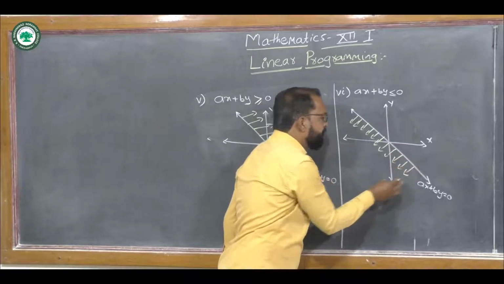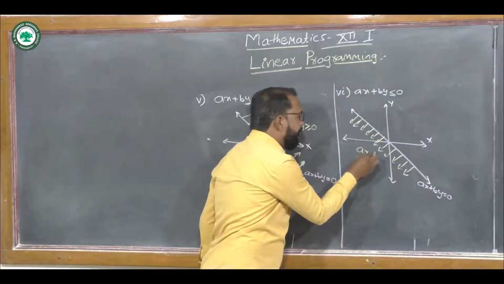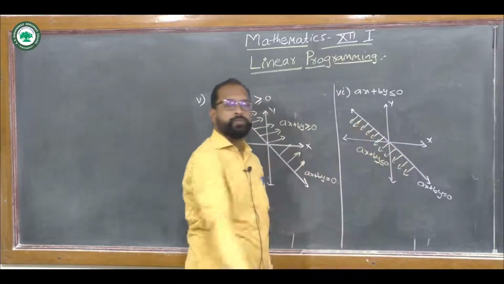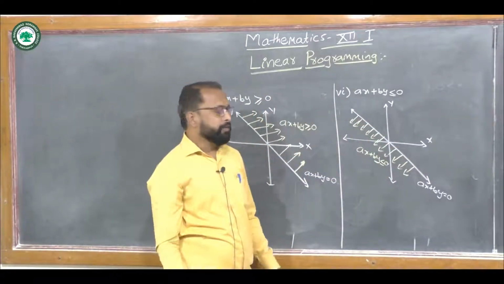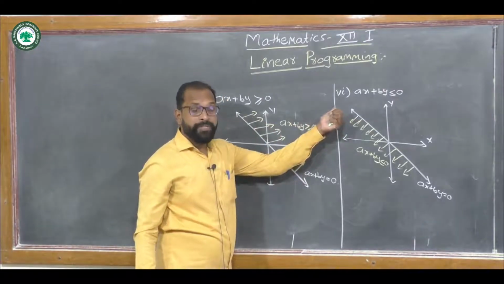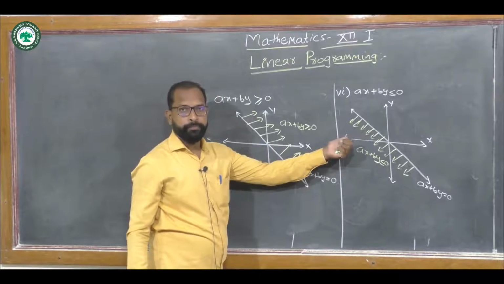So this is the region for ax plus by less than or equal to 0. These are the lines which pass through the origin.